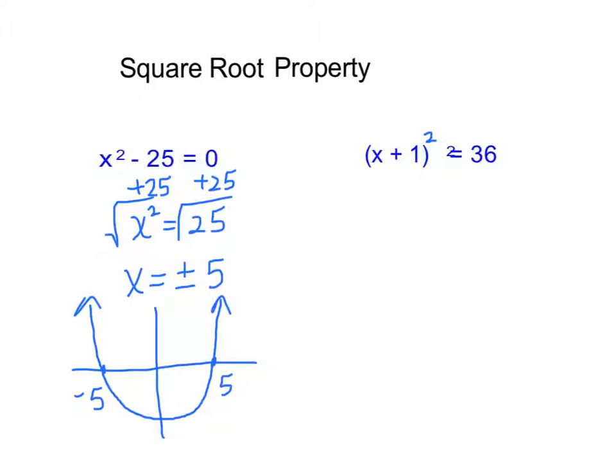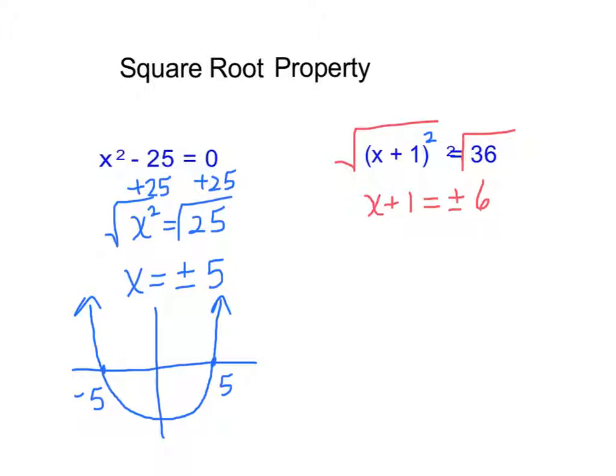Okay, you can do the same thing over here with this one. I've already got one on one side, so I'm going to take the square root of both sides. And remember, if you take the square root of something squared, you just have what's left inside the parentheses, equals, don't forget the plus or minus, and the square root of 36 is 6.